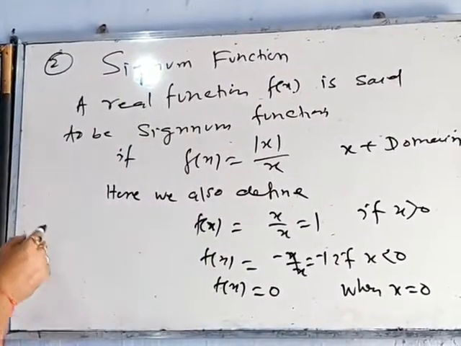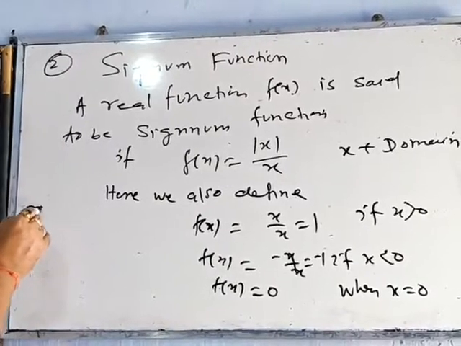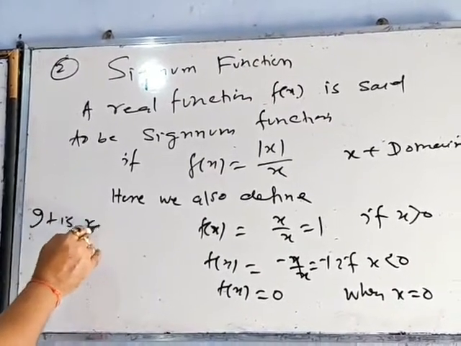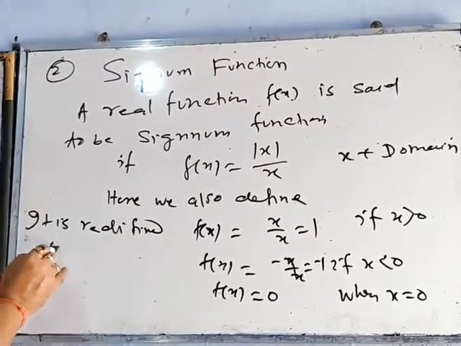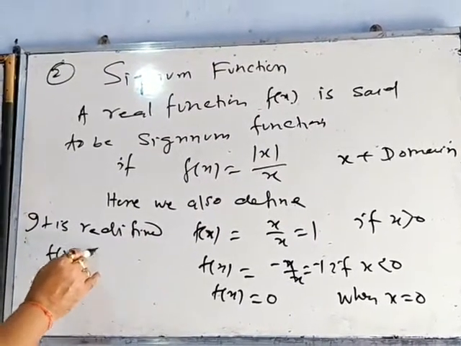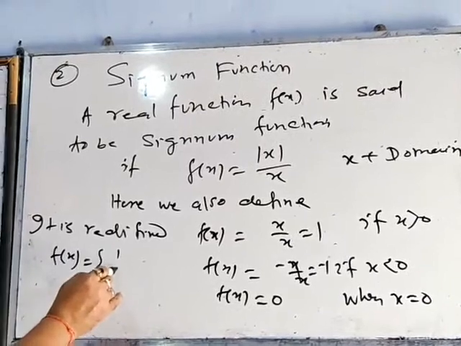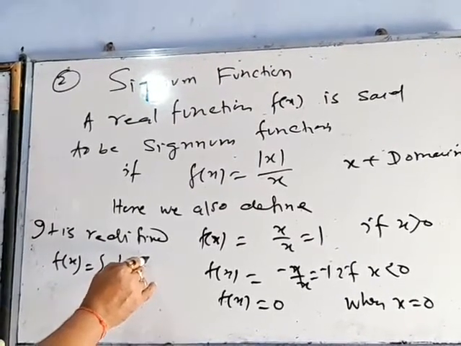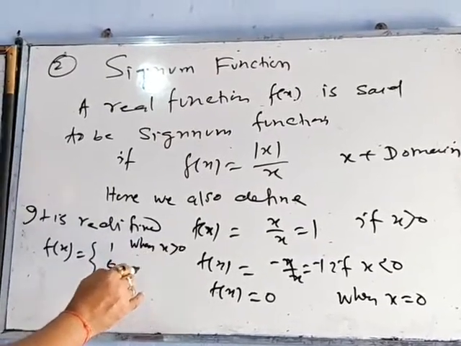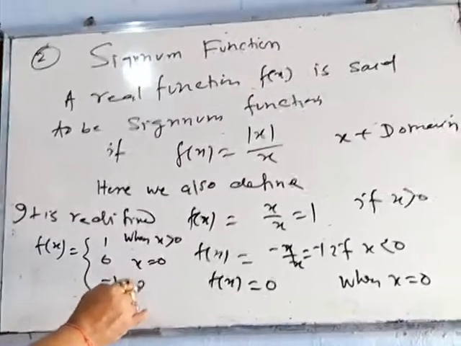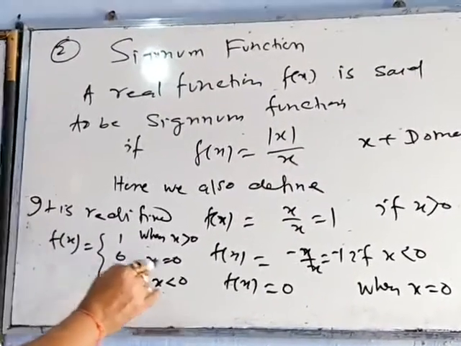So it is redefined as signum function: f(x) is equal to 1, 0, minus 1 when x is greater than 0, x is equal to 0, and x is less than 0.